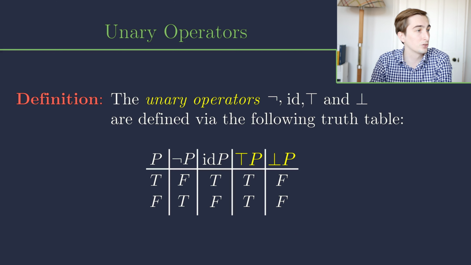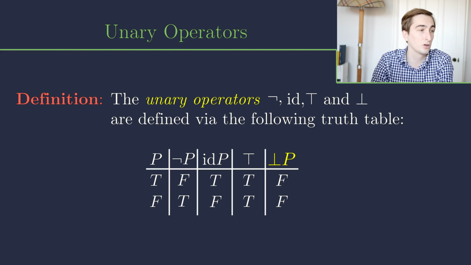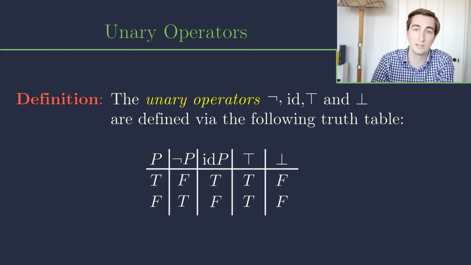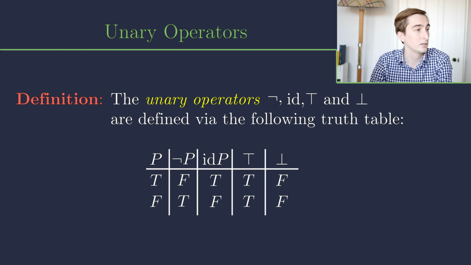You sometimes see the tautology operator written as just this, because it does the same thing to all variables. And similarly, you see the contradiction operator written in this way, as it also does the same thing to all the variables. So this is our truth table, and this is what has defined our unary operators: the negation operator, the identity operator, the tautology operator, and the contradiction operator.